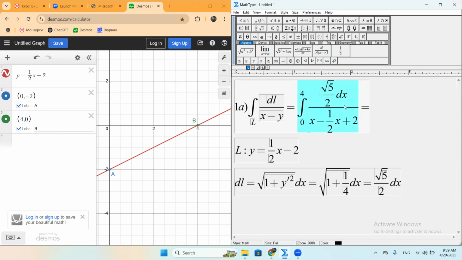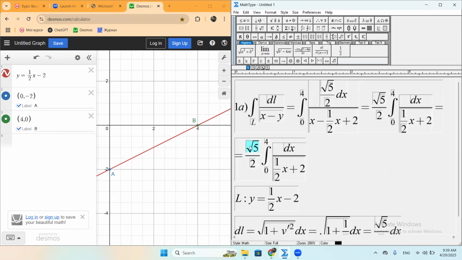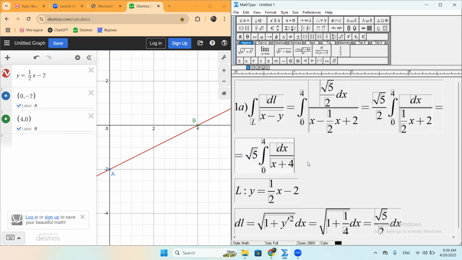I will move constants out of the integral, and we also can multiply the denominator by 2. So here will be square root of 5, and here x plus 4.